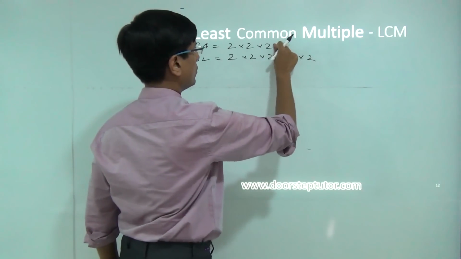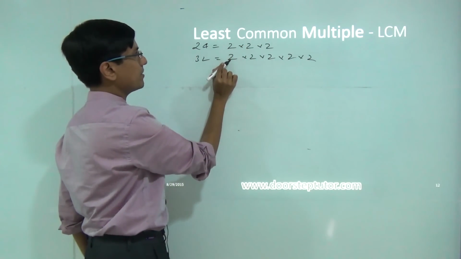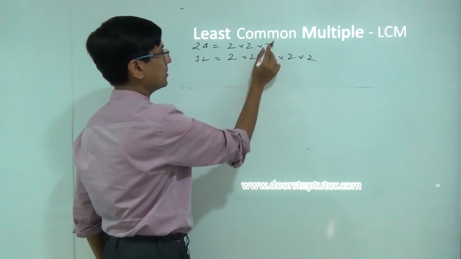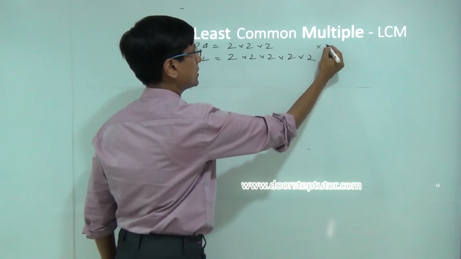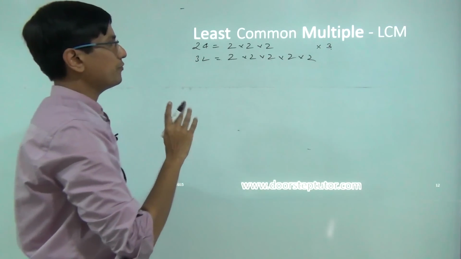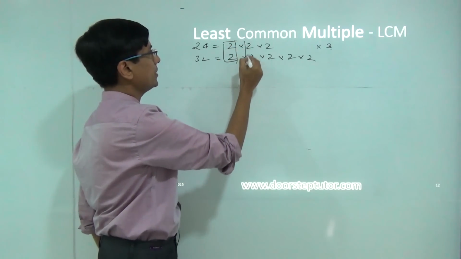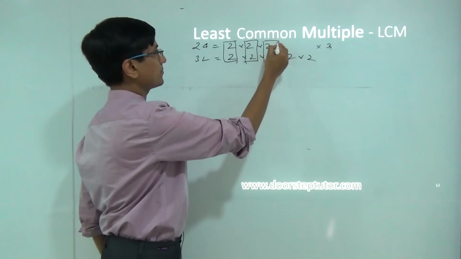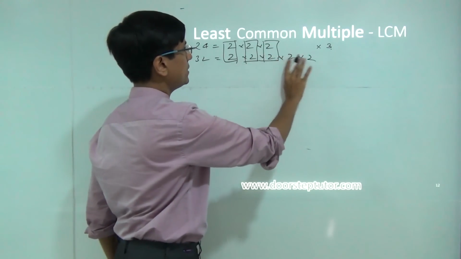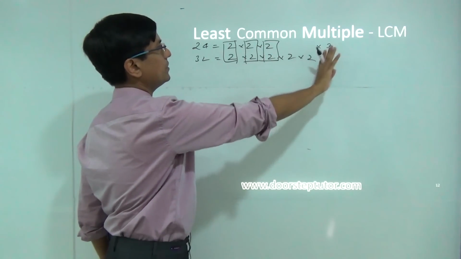I always like my common factors to be one below another. To find the LCM, we circle the common factors, include them only once, and then leave the remaining ones.